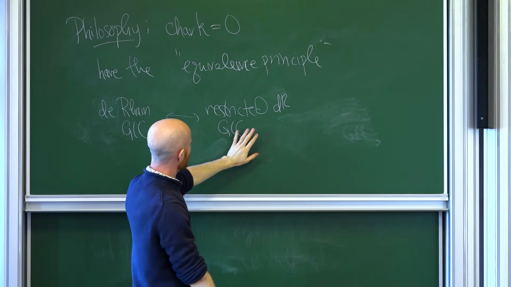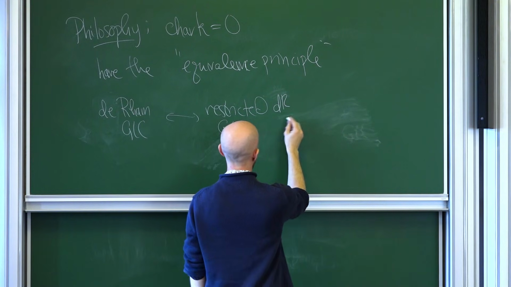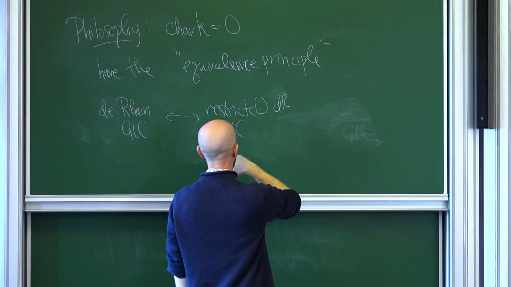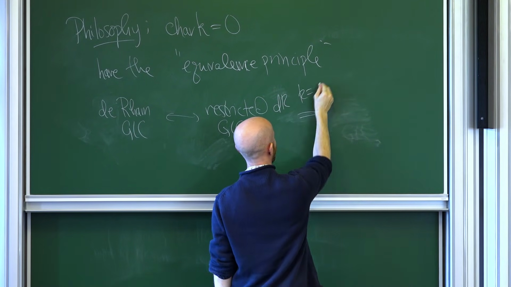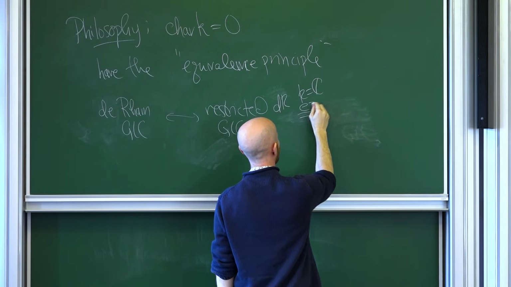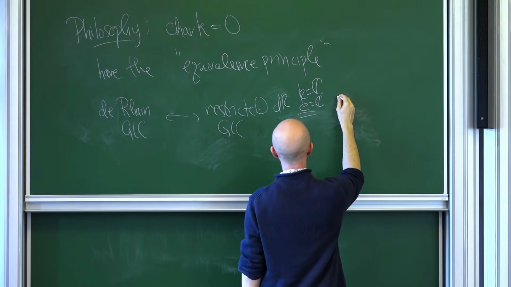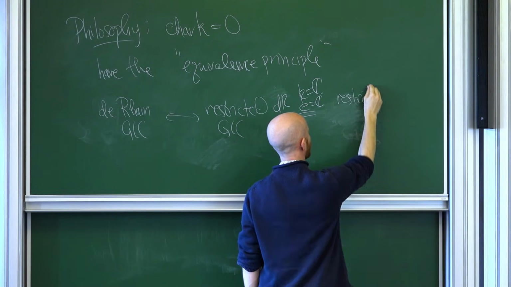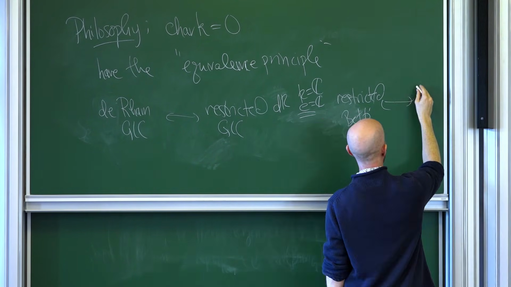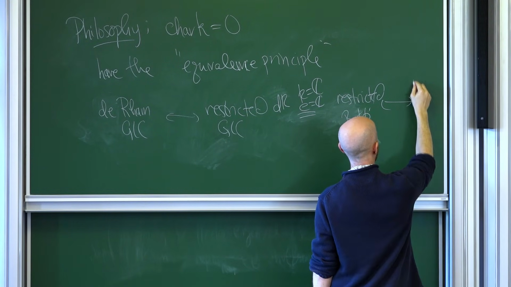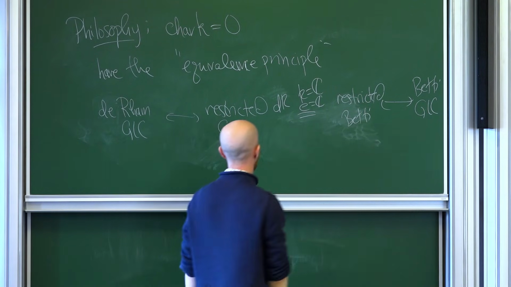So this restricted de Rham geometric Langlands conjecture, maybe a better way to say this, is somehow equal, in the special case when k is equal to C, and my coefficient field is also equal to C, to this restricted Betti conjecture, which is then equivalent to this big Betti geometric Langlands conjecture.